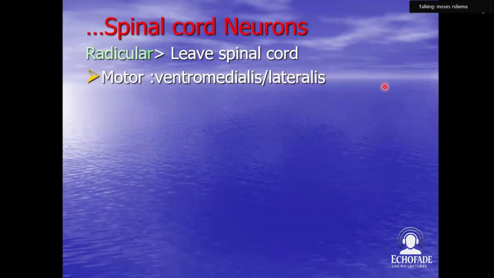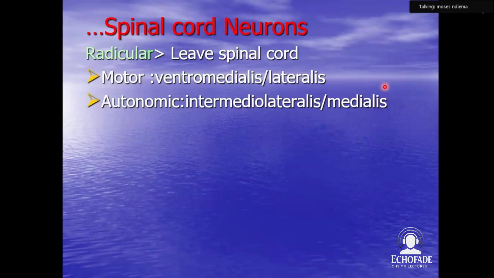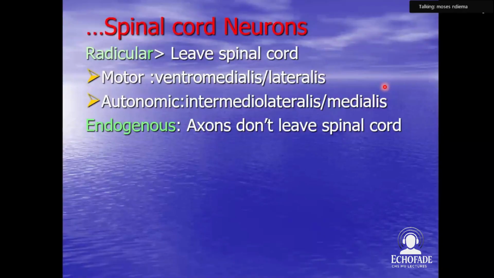So for the type of neurons, we have radicular neurons, for motor and autonomic, and then we have those endogenous neurons. Those ones do not leave the spinal cord. Interneurons could be like endogenous neurons. They connect various parts of the spinal cord or cross the midline.